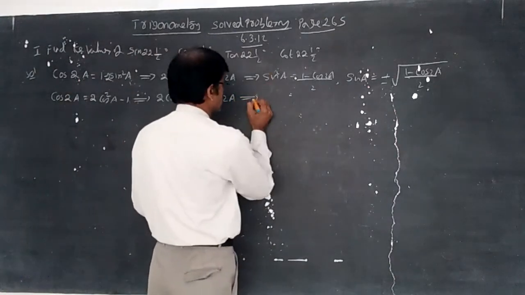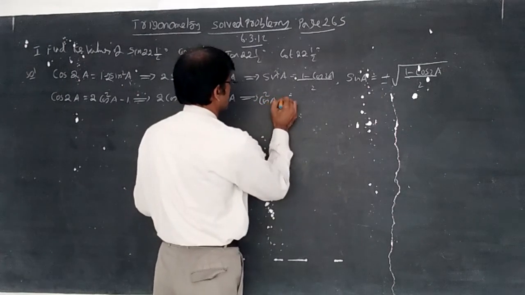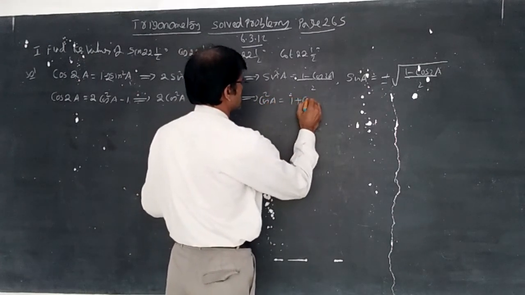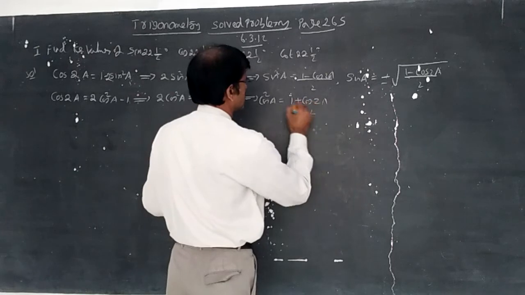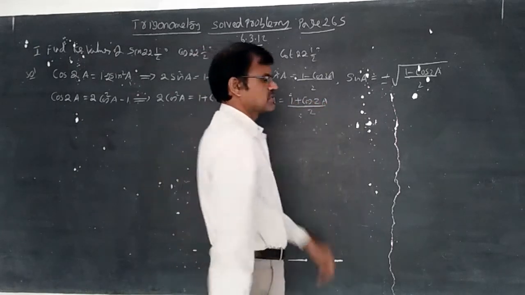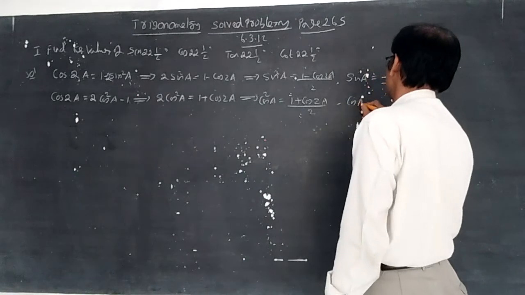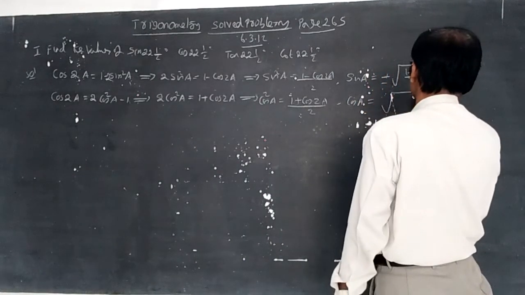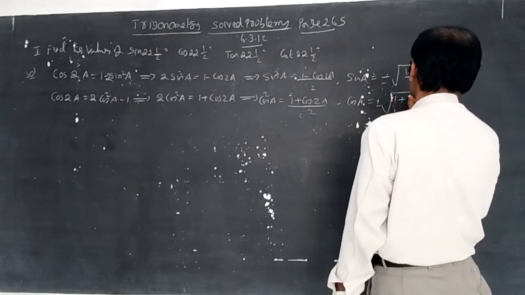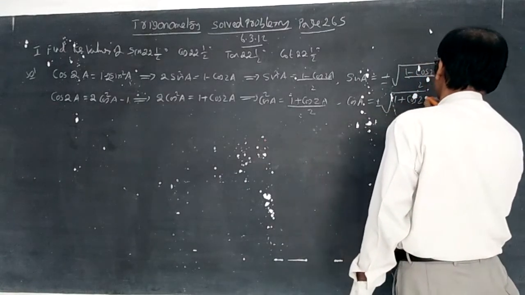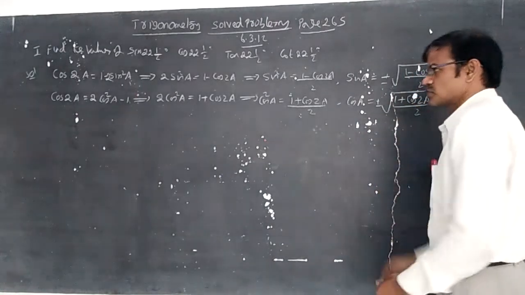So cos square a is equal to 1 plus cos 2a whole by 2. In the similar way, we can say that cos a is equal to plus or minus square root of 1 plus cos 2a whole by 2.